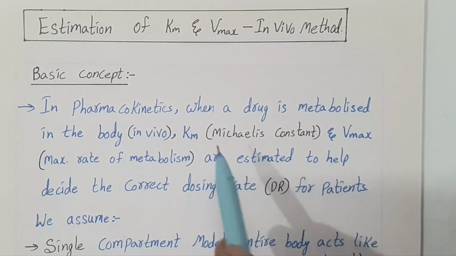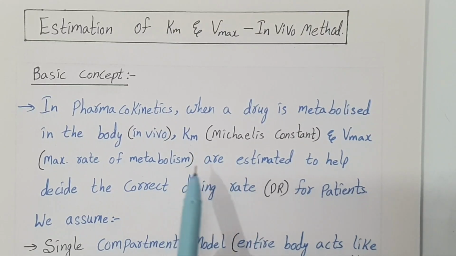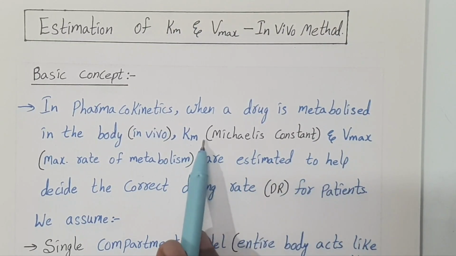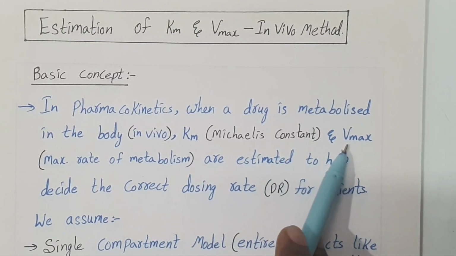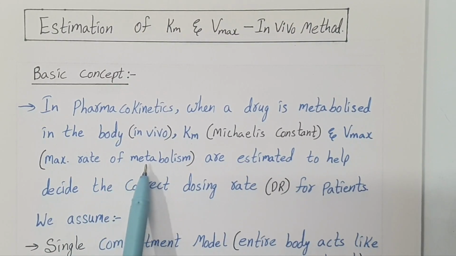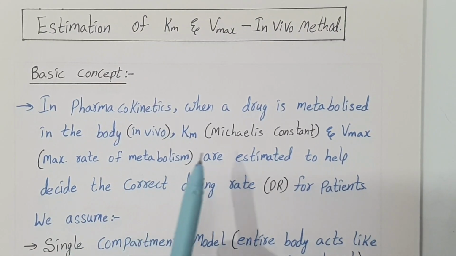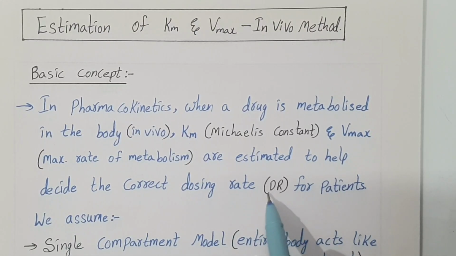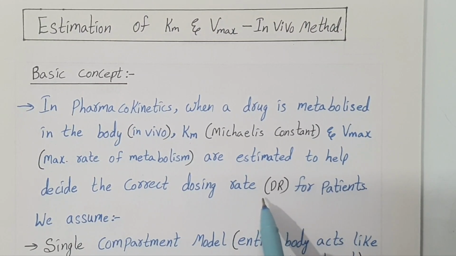That's where we estimate Km and Vmax. Km is the Michaelis constant and Vmax is the maximum rate of metabolism. Both are important to decide the correct dosing rate for a patient.